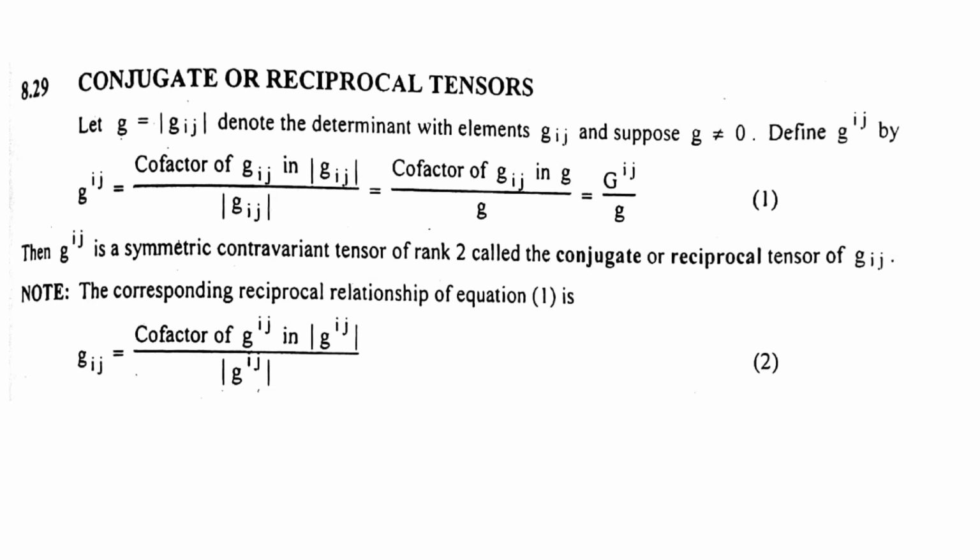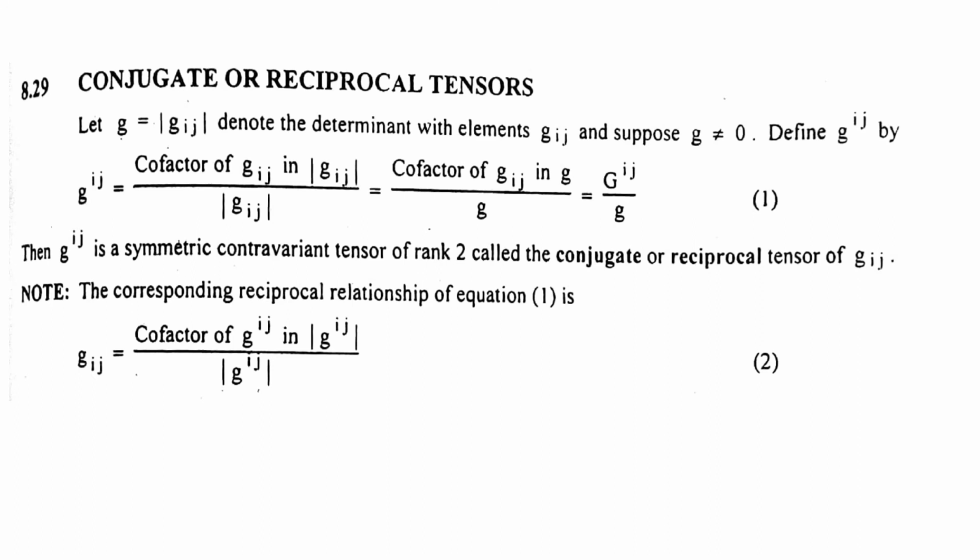Next question is most important. In the book it is given as a theorem: conjugate or reciprocal tensor. Let g = |gij| denote the determinant with elements gij, and suppose g is not equal to 0, meaning the mod of the matrix is not 0.